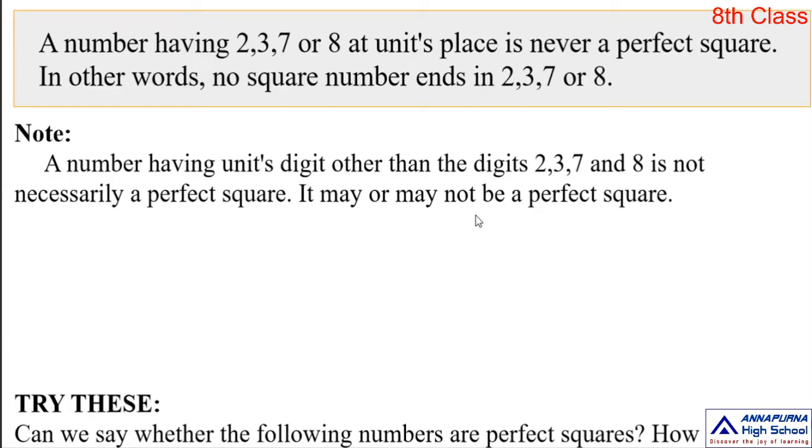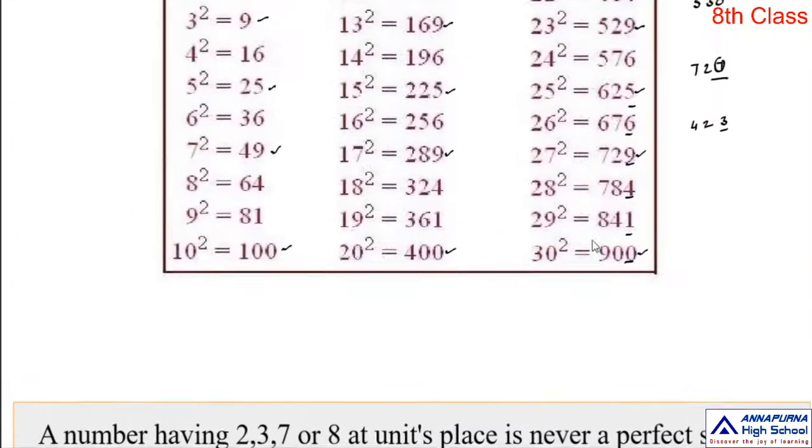For example, let us take one number 530. Can you say it is a perfect square number? No. It does not end with 2, 3, 7 or 8. It ends with 0. Now, is it a perfect square number? No, it is not. Why? Because observe the table.